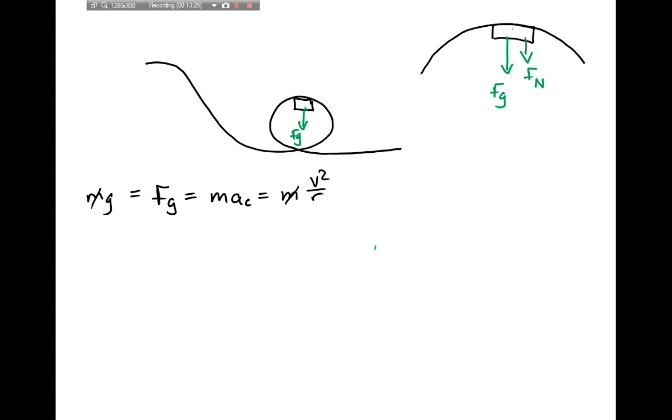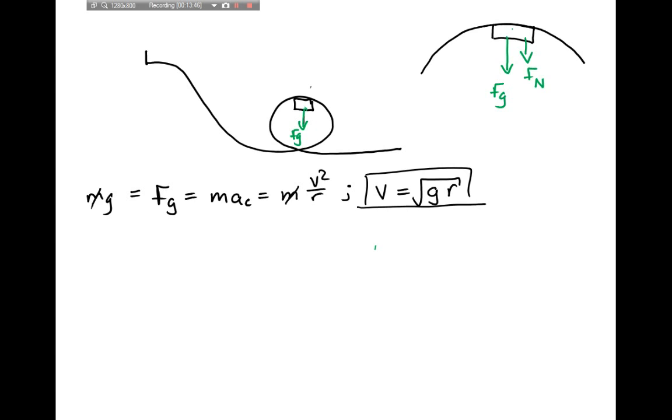So the speed I have to be traveling at the top of this loop is related to the gravitational force. At the top of the loop, the velocity has to be equal to the square root of g times r. So this is how fast I have to be traveling at the top of the loop.